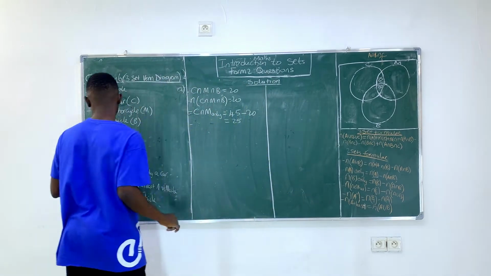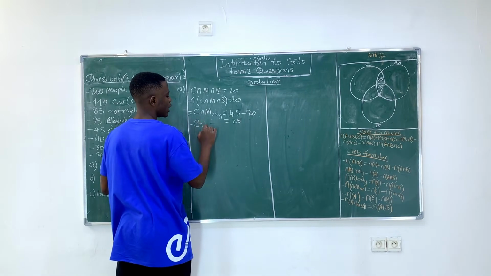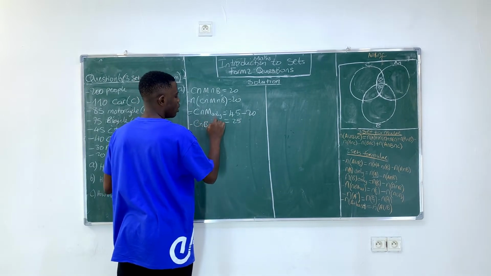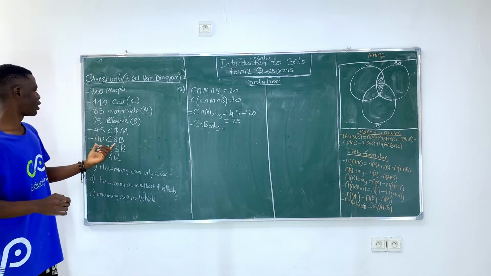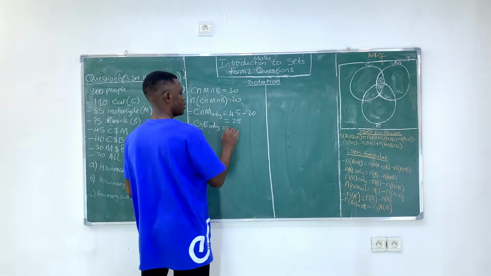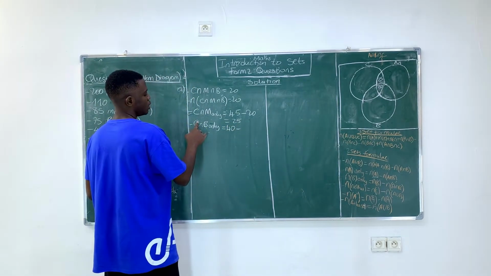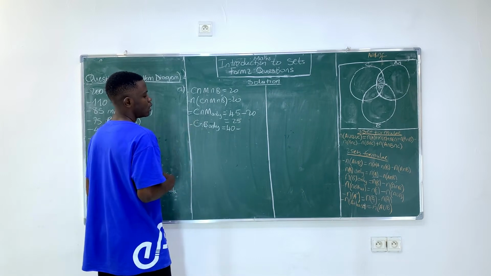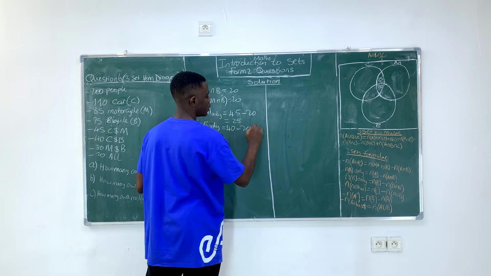So what do I have next? Car and bicycle only. Car intersection bicycle only, what is that equal to? We go to car intersection bicycle, which is 40, minus this intersection 20.